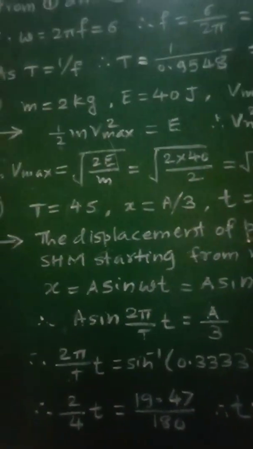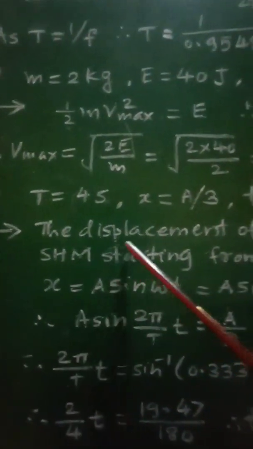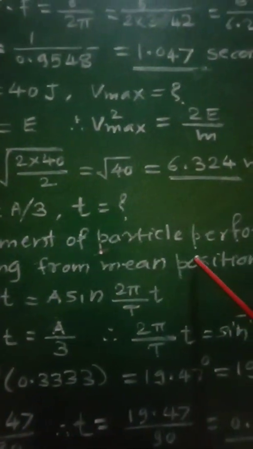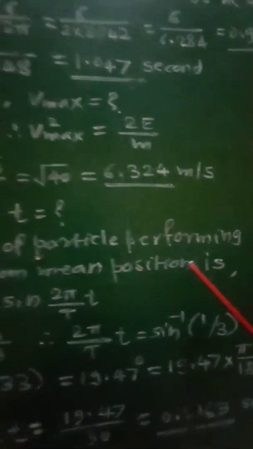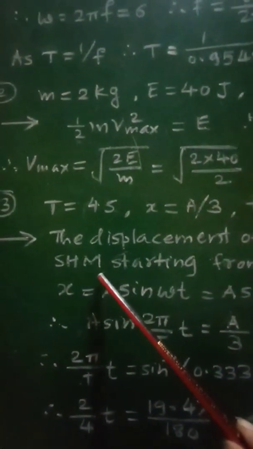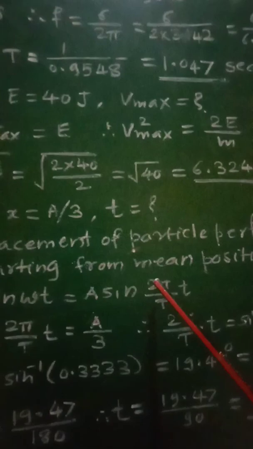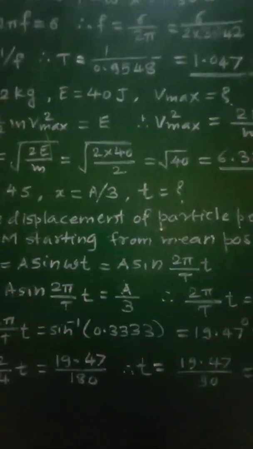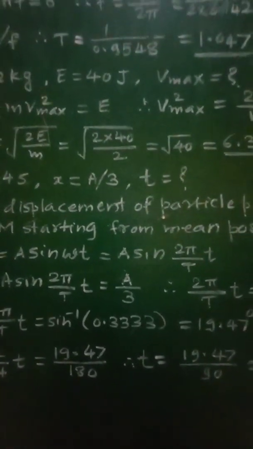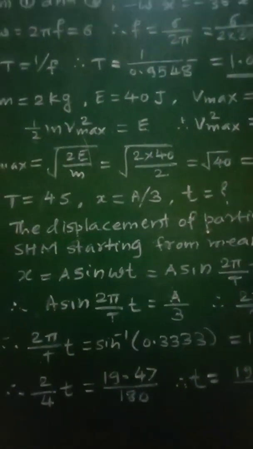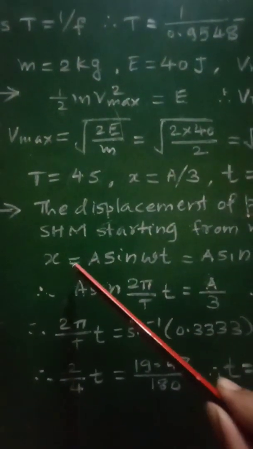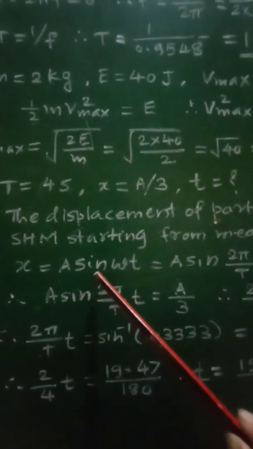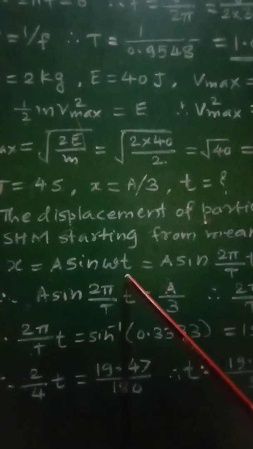Now the displacement of a particle performing SHM and starting from mean position is given as follows. When any particle is performing linear SHM and it is starting its motion from the mean position, at that time displacement x is equal to a sin omega t.